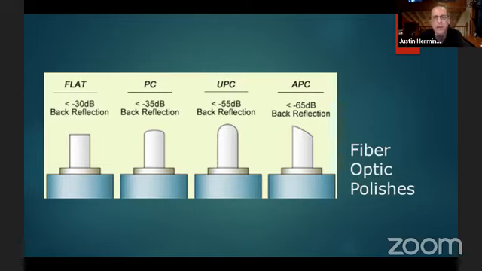So another useful bit of color code you'll see is any of the PC or UPC connectors will typically have a blue boot, and the angled ones will have a green boot. So if you pick up a yellow cable that has a green connector on it, you know you got a piece of single mode with an angled connector.